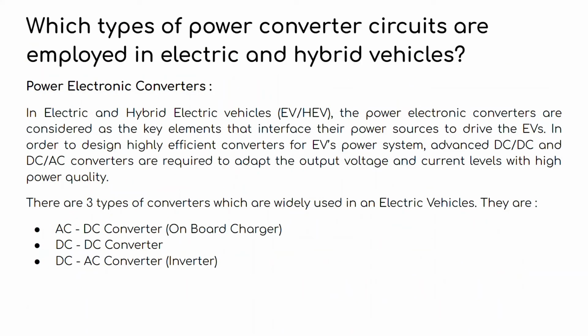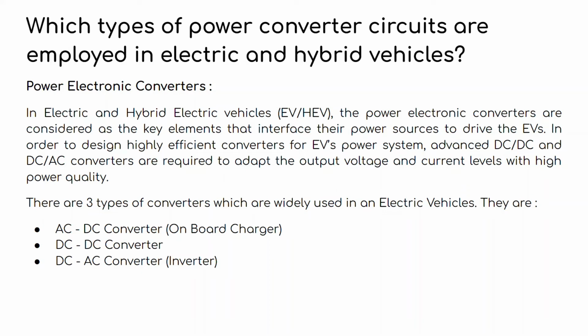So until now we have discussed the power electronics involved in electric vehicles and hybrid electric vehicles. Now let's discuss the types of power converter circuits that are employed in electric and hybrid electric vehicles.